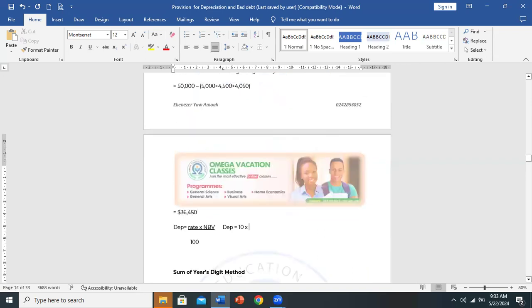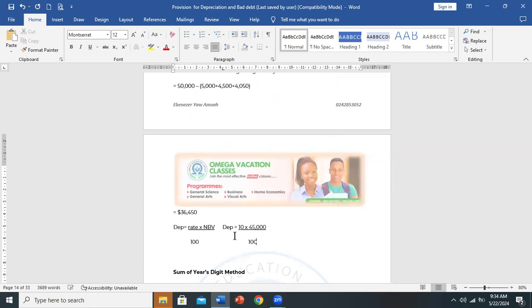So it will be 10 times 45,000, all divided by 100, because the rate is in percentages. If it is 10%, it is 10 divided by 100 times the net book value. So the formula is not wrong, it's how it is presented. So let's do it anyways, so we clear that confusion.